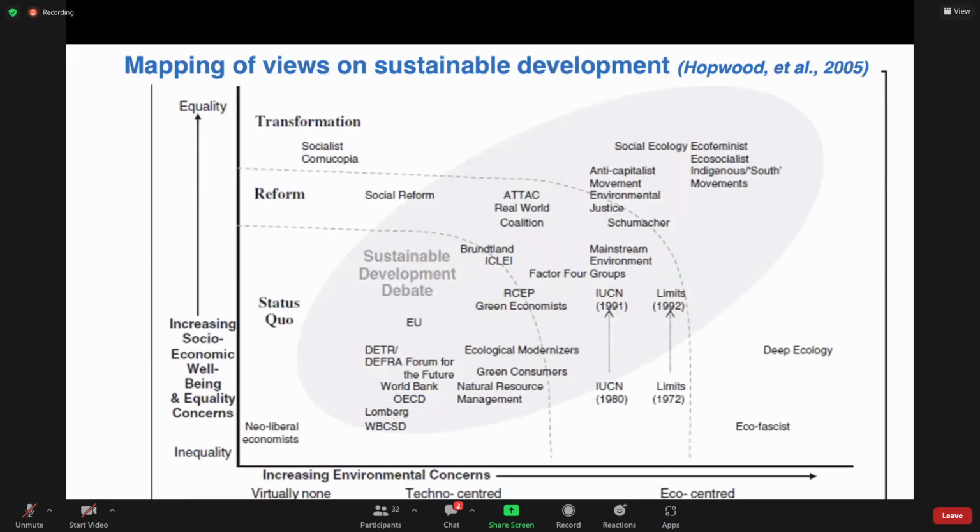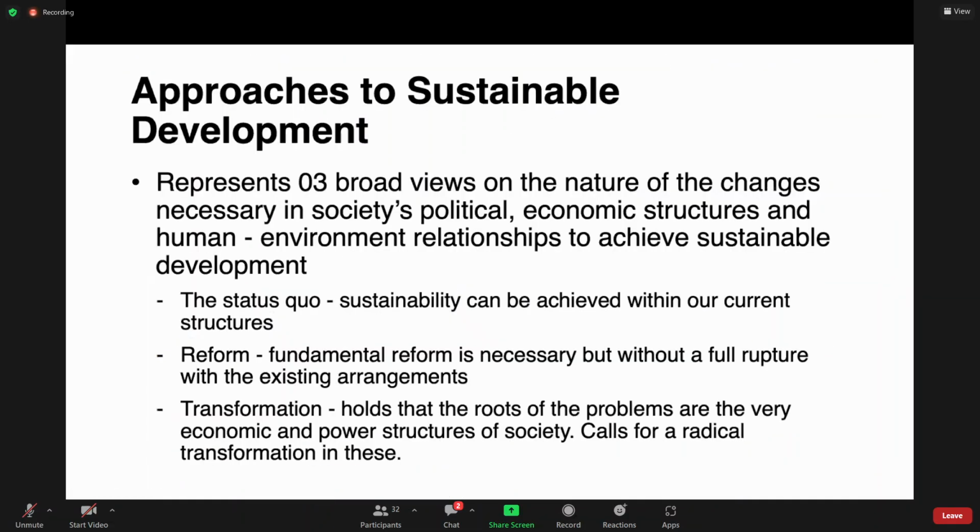This is actually taken from research by Hopwood et al., where they looked at how different people view sustainable development and what sort of actions they call for. They identified three broad views as to the nature of changes that are necessary to achieve sustainable development.